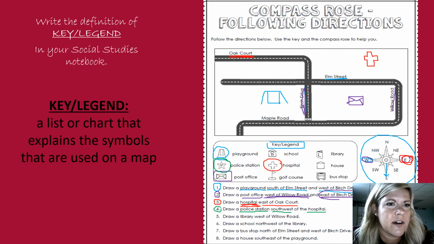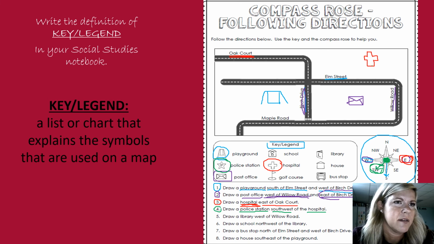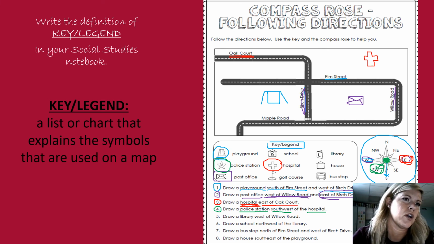And I need to be southwest. So let's look at our compass rose. Here is southwest. So that means if this is where the hospital is in the center of my compass rose, I need to go down and to the left to draw my police station. So I'm going to go a little bit down and to the left, and I'm going to draw my star.